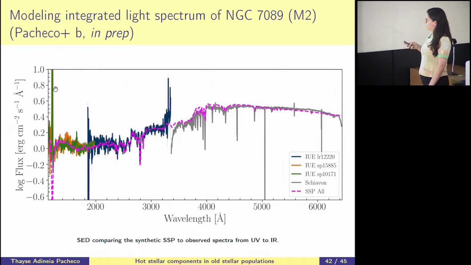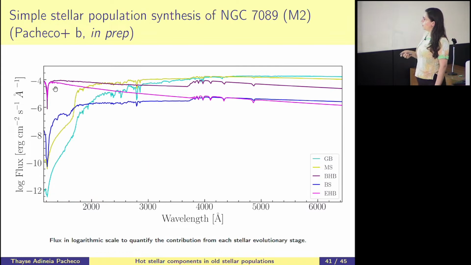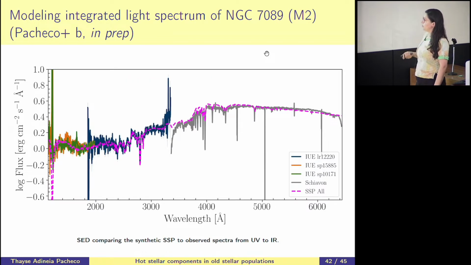Then we can sum all these simple stellar populations to build a synthetic integrated light spectrum, and we can compare with observations. Here I'm showing the spectra from IUE, the International Ultraviolet Explorer, in orange, green, and blue.